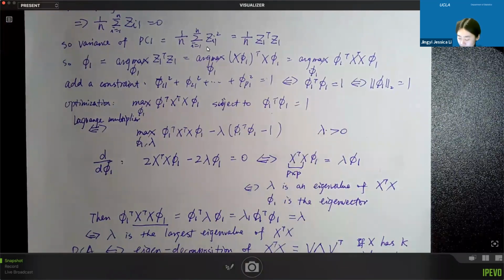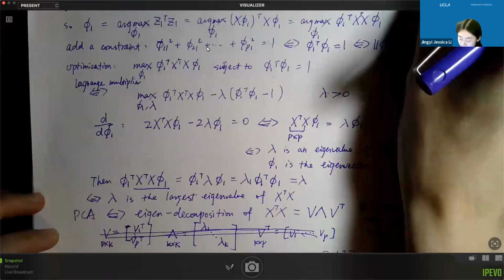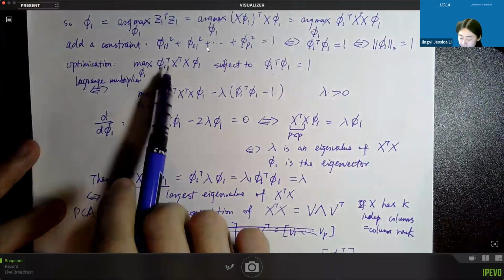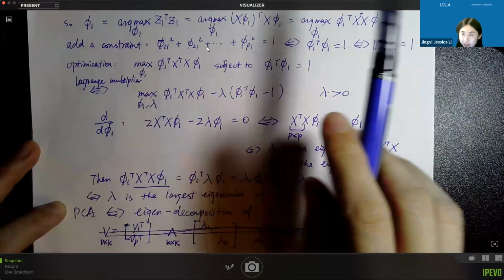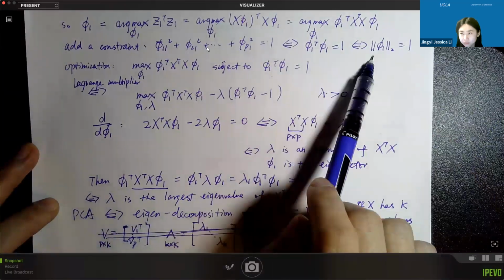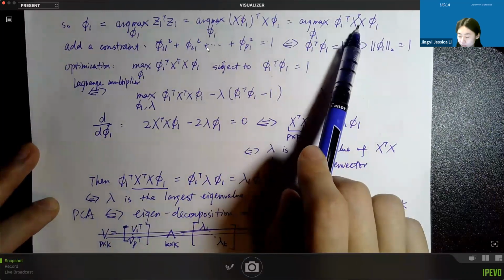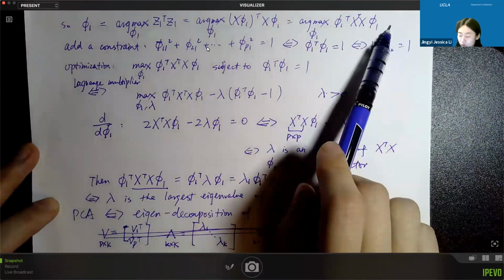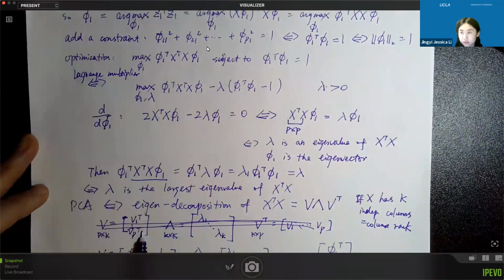This tells us the maximum variance in PC1 is the largest eigenvalue of X transpose X. That eigenvalue and its corresponding eigenvector give our first loading vector. So we just do eigen decomposition and we get a result.